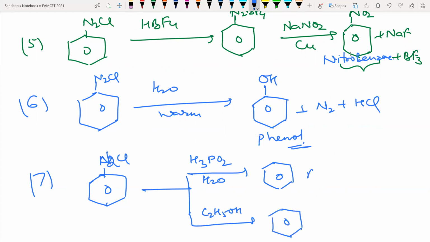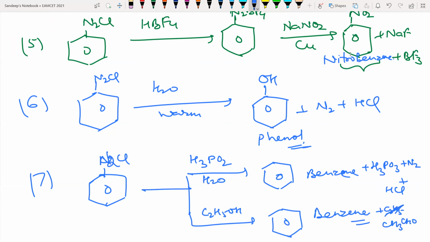So in both these reactions, benzene is formed. This way hydrogen also replaces the diazonium group. The byproduct in the first reaction is H3PO3 plus nitrogen plus HCl, and here the ethanol becomes CH3CHO plus nitrogen gas plus HCl.